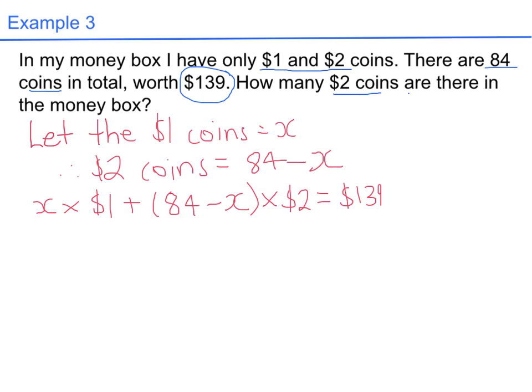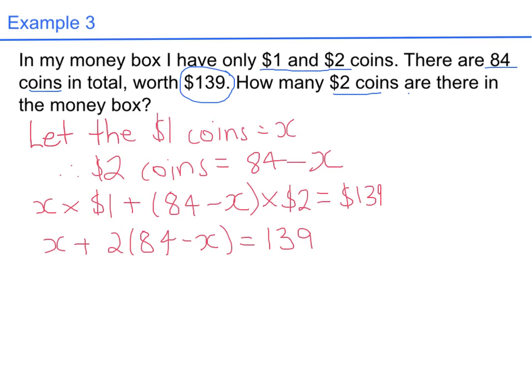Now while this looks confusing, if I remove the dollar signs, we have obtained an equation that can be solved. So we have 1 lot of x plus 2 lots of 84 minus x, and that is equal to 139.